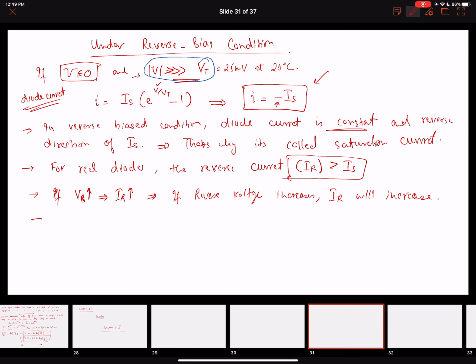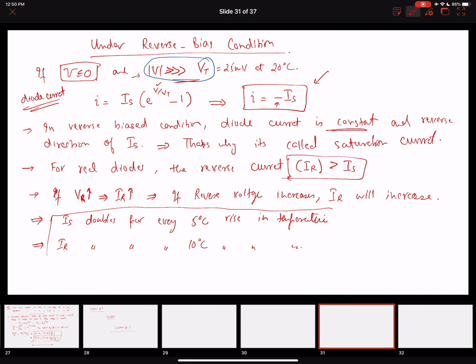Another important point in terms of temperature effects: the scaling current doubles for every 5 degrees Celsius rise in temperature, and the reverse current doubles for every 10 degrees Celsius rise in temperature.